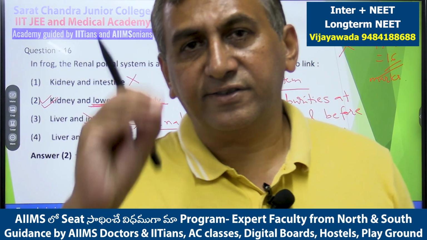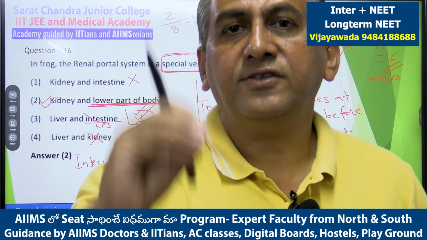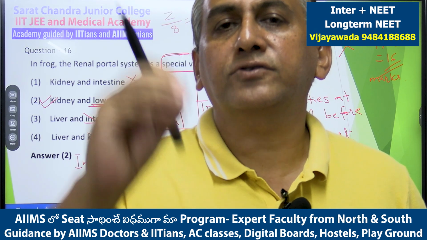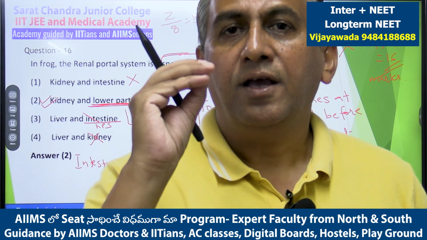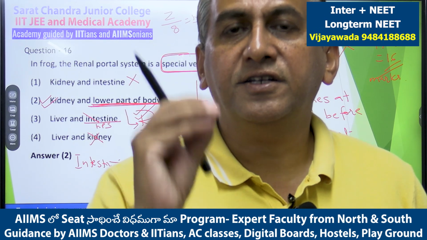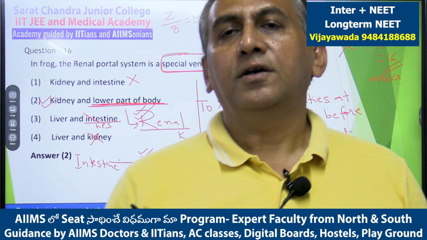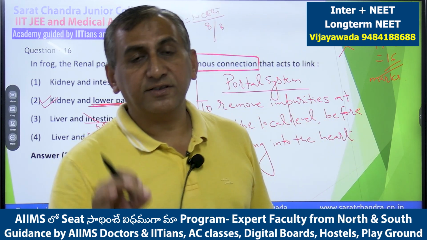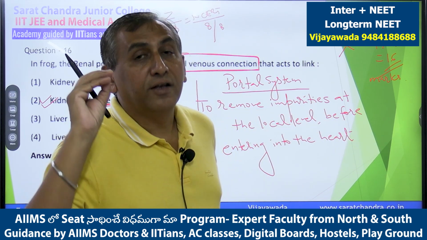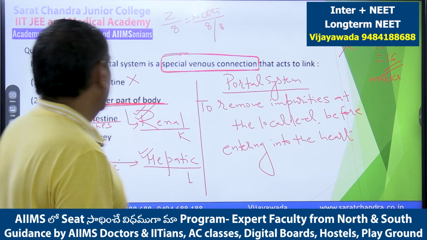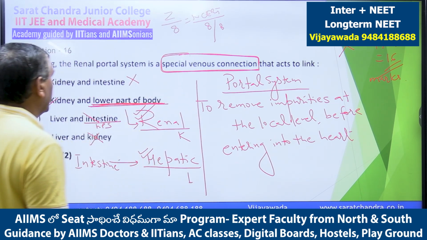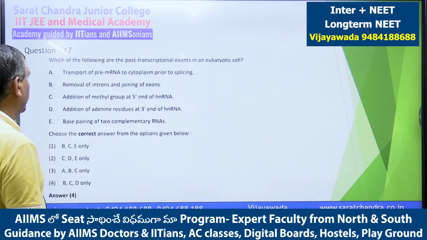Renal portal system starts from the lower parts of the body and ends in the kidney. Hepatic portal system starts from the intestine and ends in the liver. The name of the portal system is given by where it ends. So I think you are getting it, this is the 8th question related to zoology.